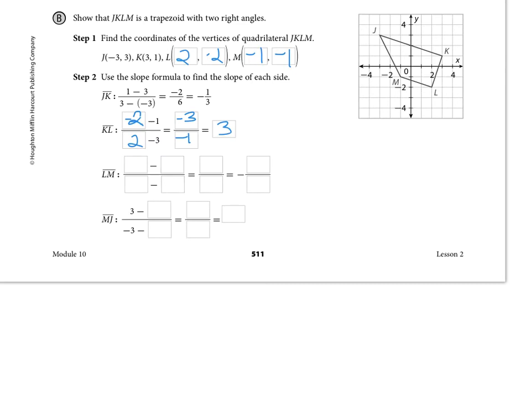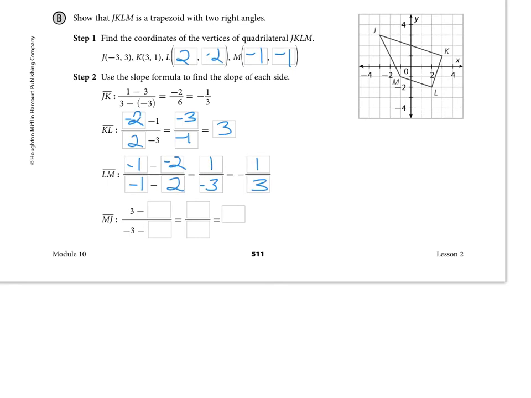The slope of LM, just filling in some coordinates there, now -1 minus -2 over -1 minus +2 is going to be +1 over -3, and we get -1/3. And then finally the slope of MJ, filling in what needs to be filled in there.